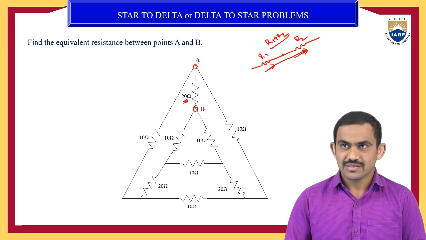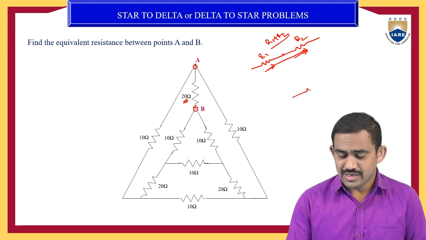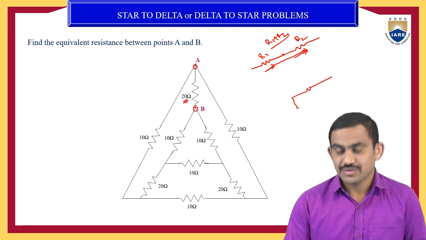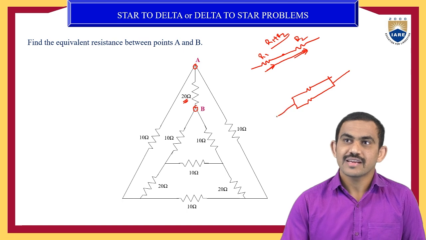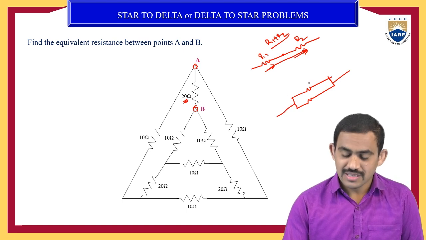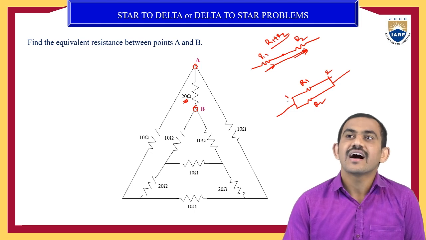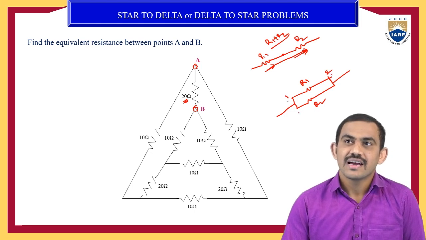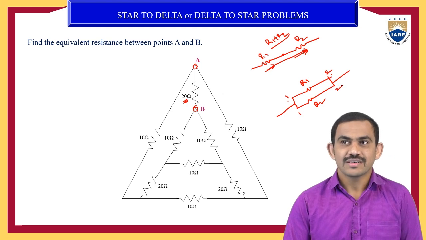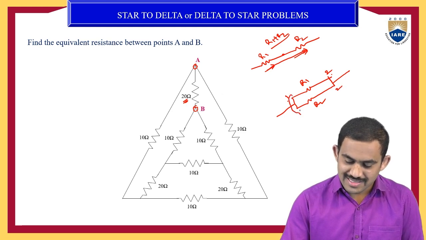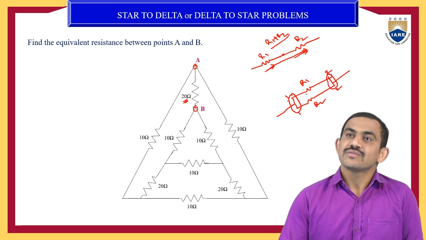And parallel means we have two resistors, R1 and R2. R1's first point and second point, as well as R2's first point and second point: both first points are connected to one node and both second points are connected to another node.